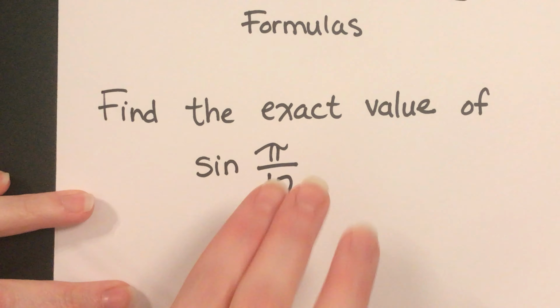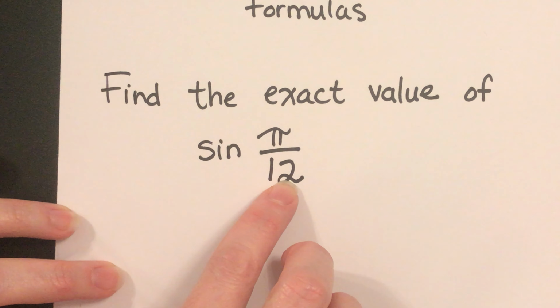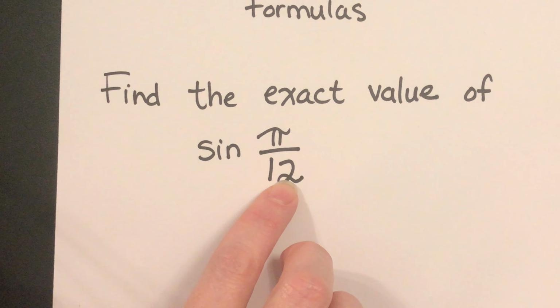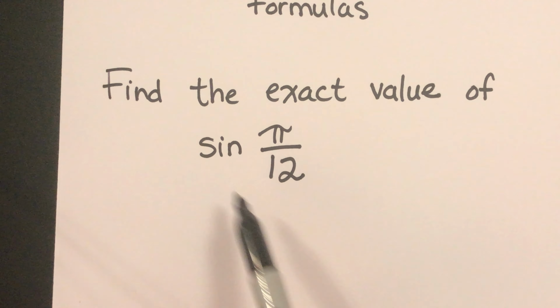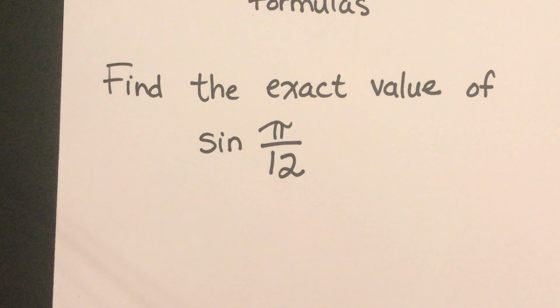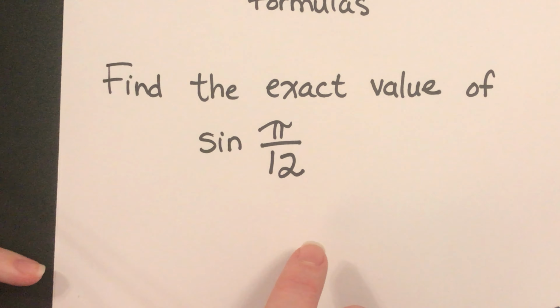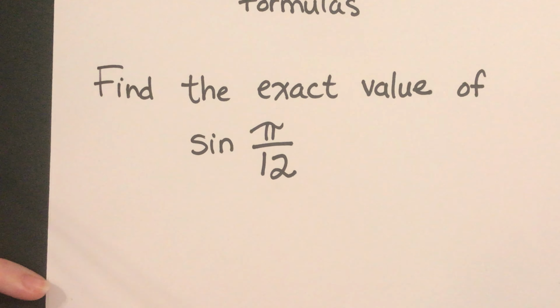Well, we don't have any twelfths on our unit circle, right? We only have sixths, fourths, thirds, halves, but 12 can be divided by all of those numbers. So usually a 12th can be made up of some combination of those other angles.